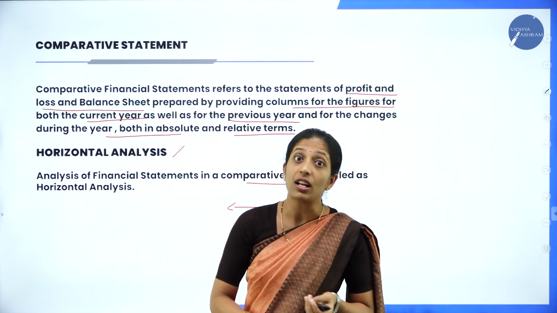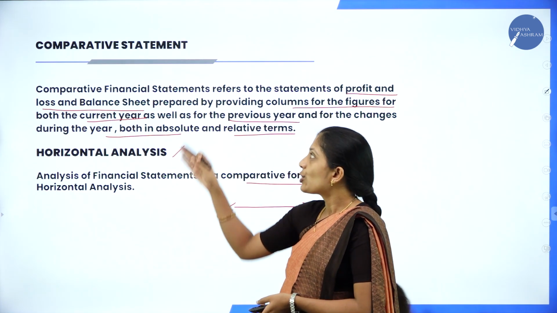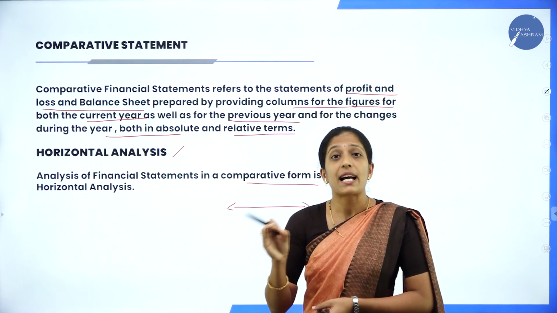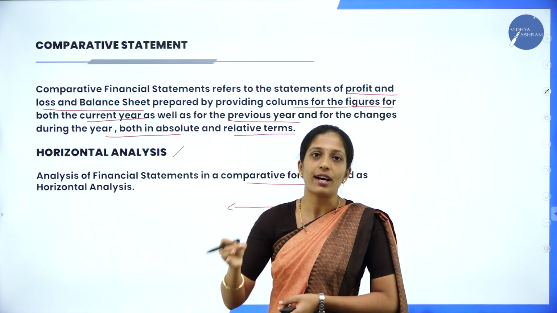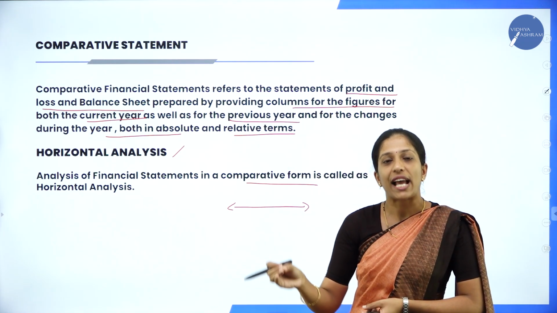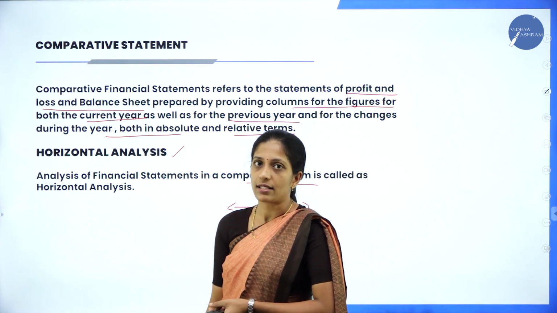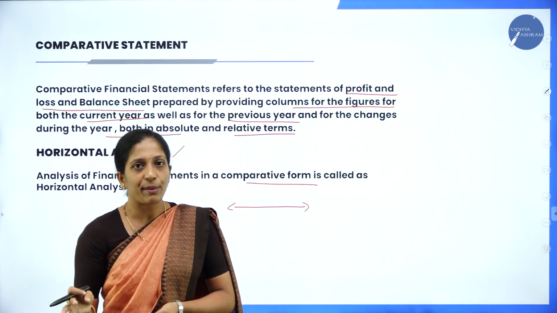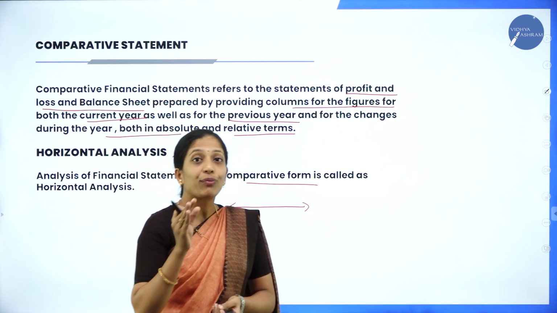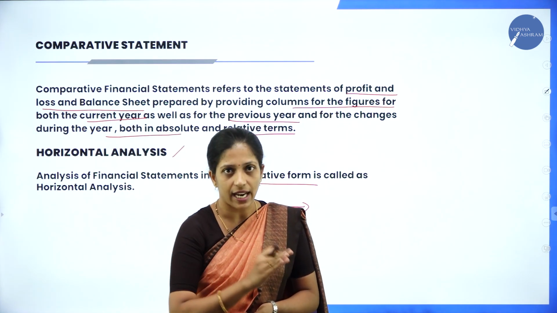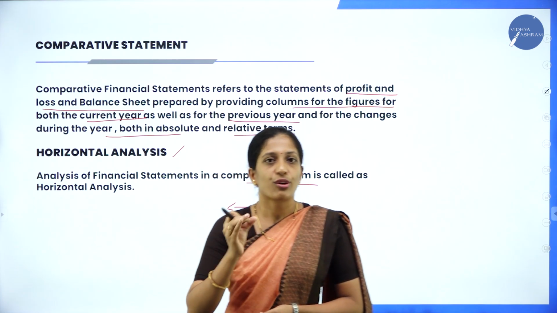So comparative statement comes under dash analysis, or comparative statement is dash analysis of statement. So your answer will be horizontal analysis. The other thing you can easily remember is that under comparative statement, we are going to compare side by side in a horizontal way. So it is called what?